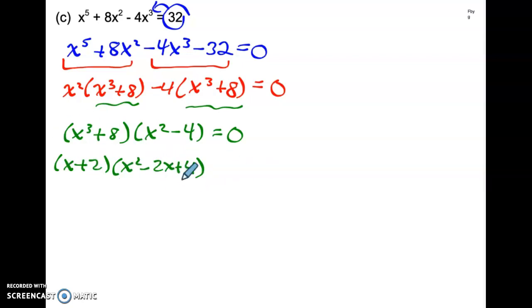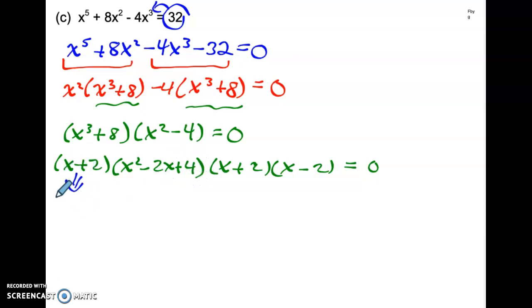So that's that sum of cubes. And then this one here is a difference of squares. So it will also factor into two different brackets. Taking the square root of the first term, square root of the last term. One gets a plus, one gets a minus. And then we check this trinomial and we can't factor it. So we're going to end up having to use quadratic formula there.